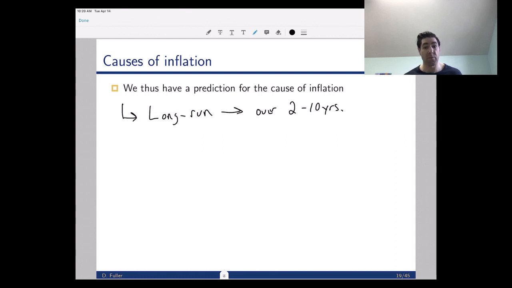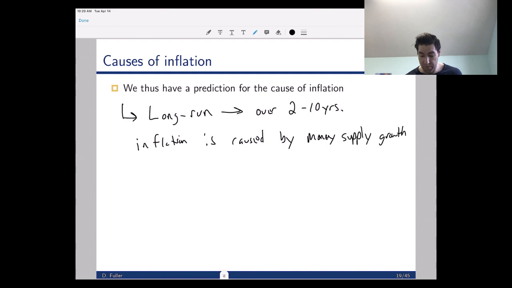Inflation is caused by money supply growing faster than the quantities produced, or real GDP. It is caused by money supply growth in excess of real GDP growth.